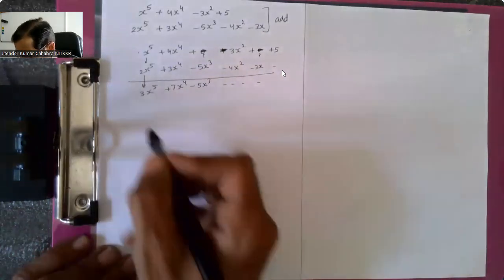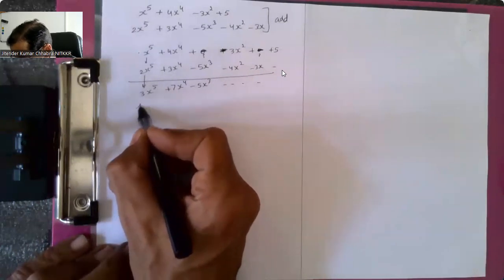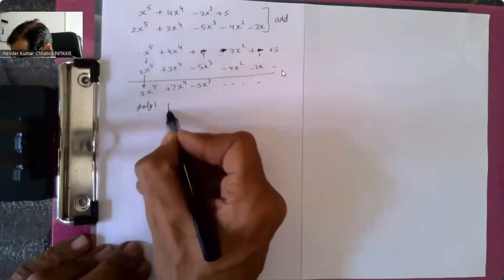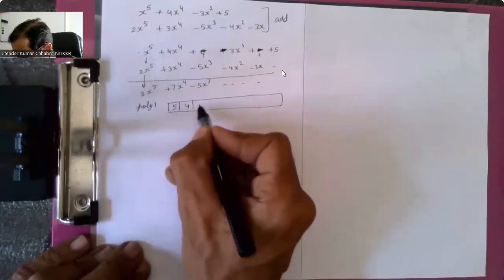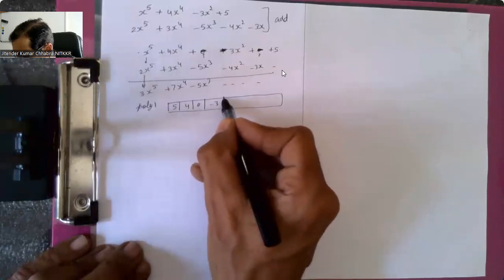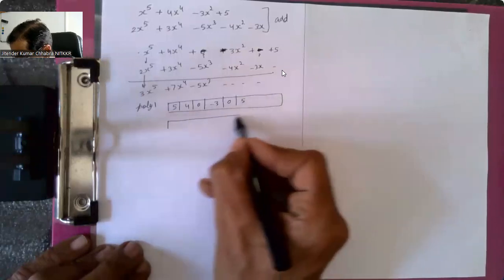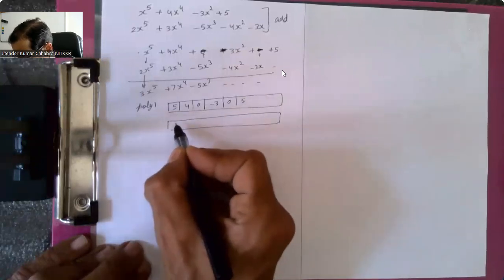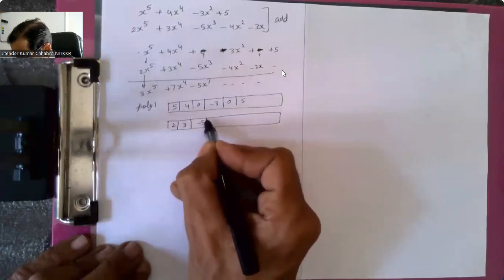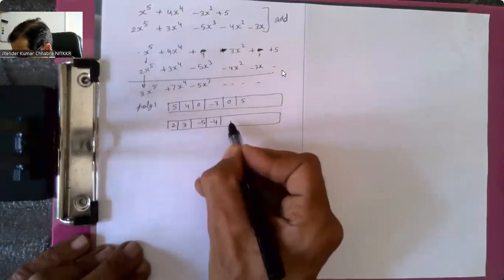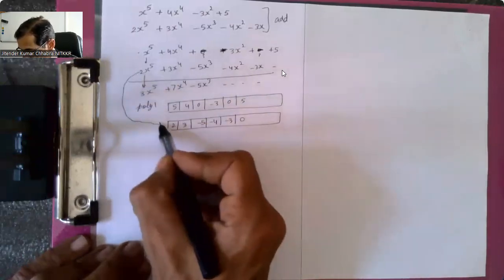Effectively, in terms of my storage, if you see, my first polynomial is actually stored something like this: 5, 4, 0, minus 3, 0, 5. My polynomial 2 is stored as 2, 3, minus 5, minus 4, minus 3, 0. So this is my second polynomial.